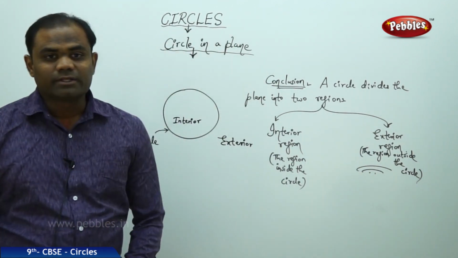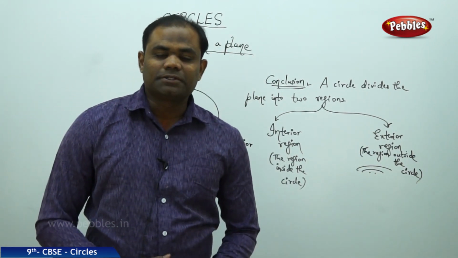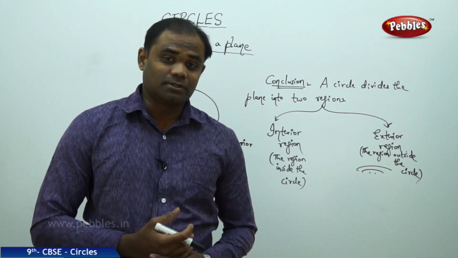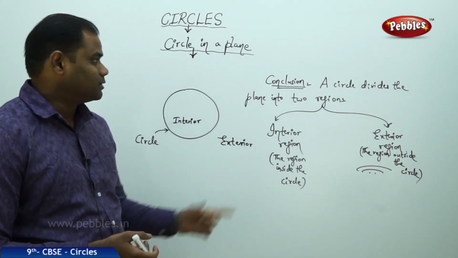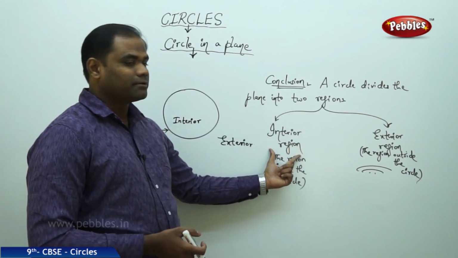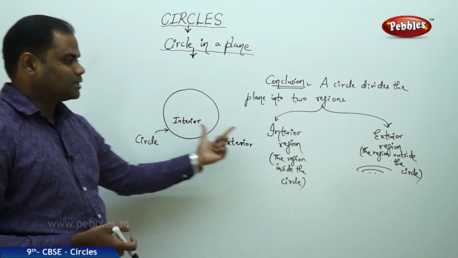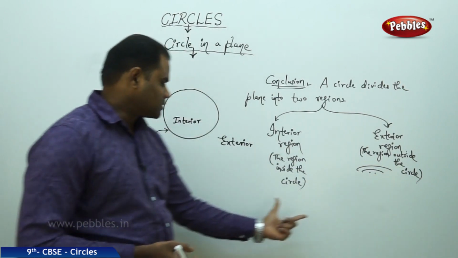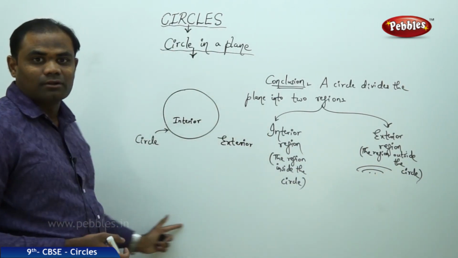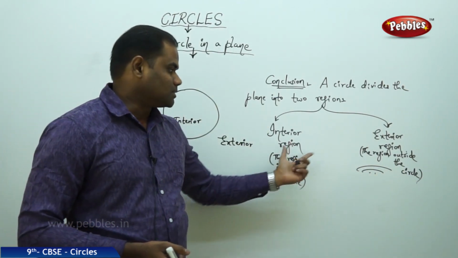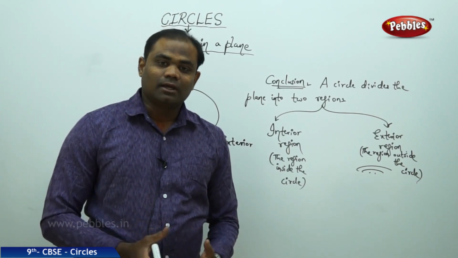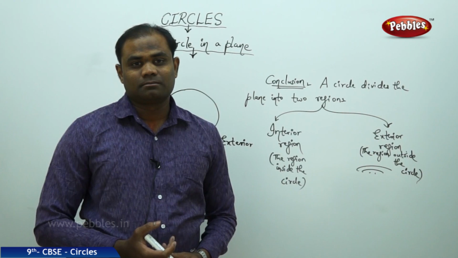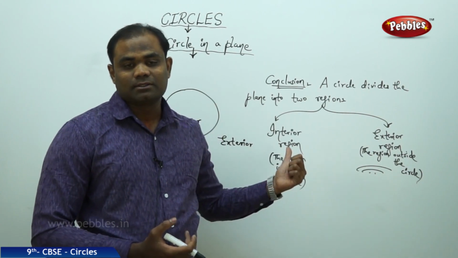That's how we understand the interior region and the exterior region in the circle. A circle divides the plane into two regions. Interior region denoted by this and exterior region as referred in the entire plane of the marker board. It's how we understand the regions inside the circle and outside the circle connected with a circle.